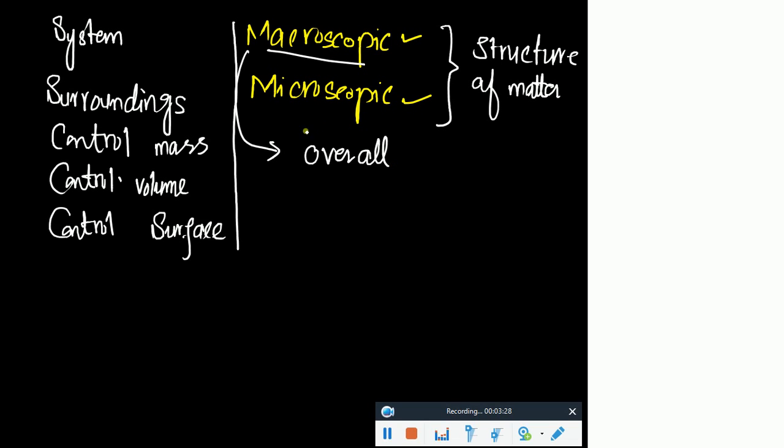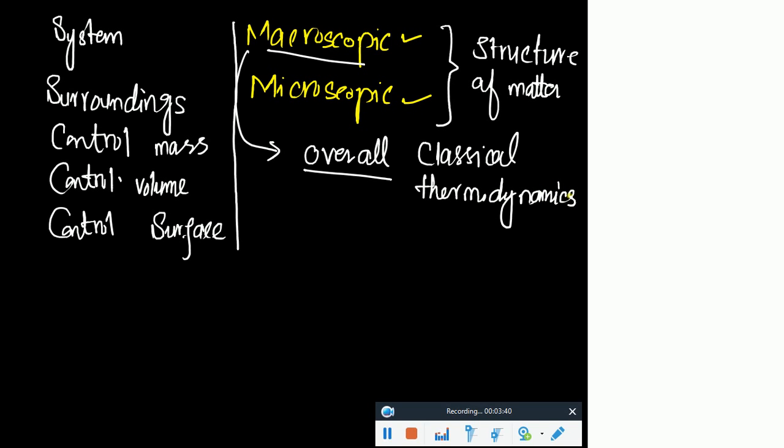Okay, and if you consider this macroscopic approach, you will talk about classical thermodynamics. Yes, in macroscopic approach you do not consider the structure of matter. Okay, in microscopic approach you do consider the structure of matter.